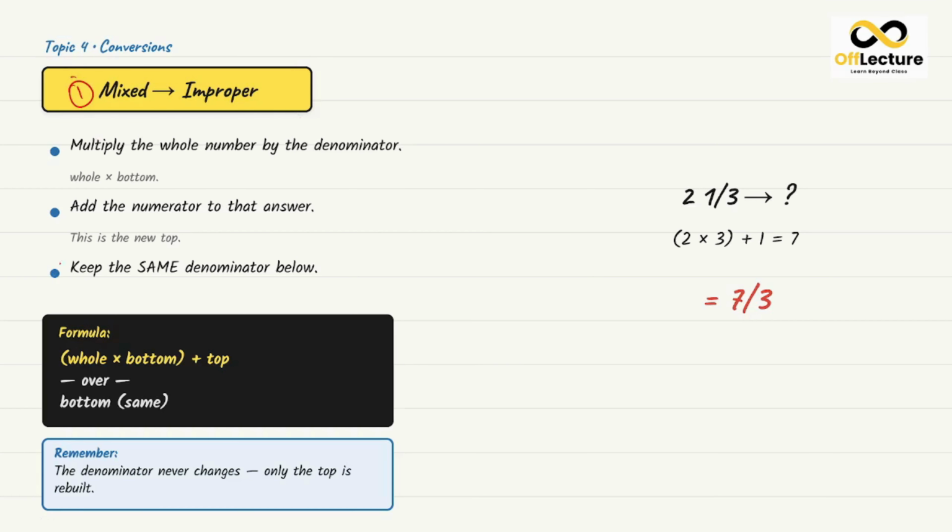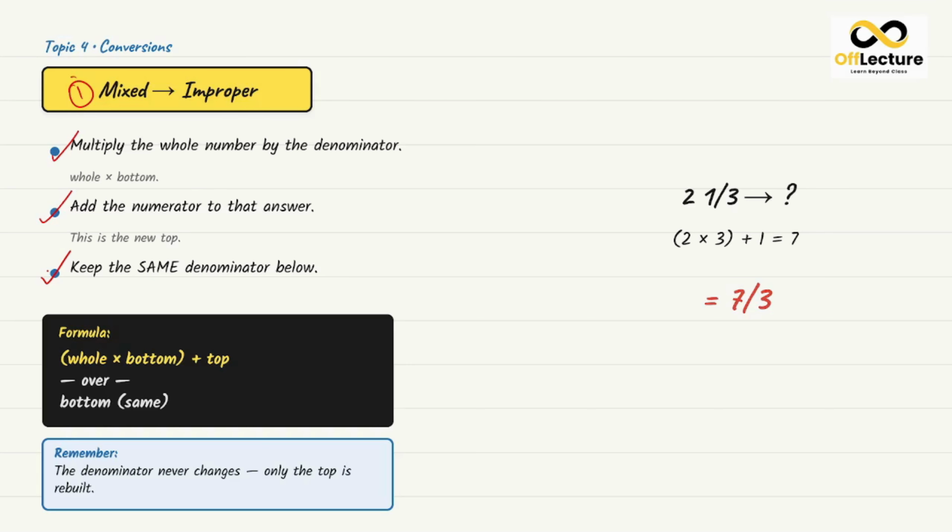We multiply the whole number by the denominator, then add the numerator, and this will be our new numerator, and the bottom remains the same.